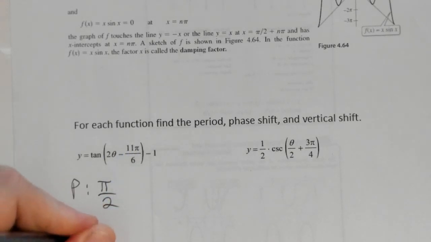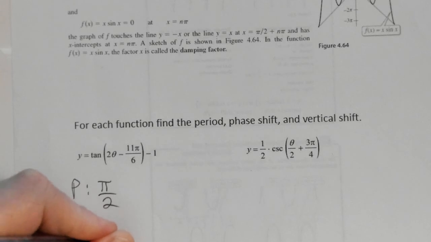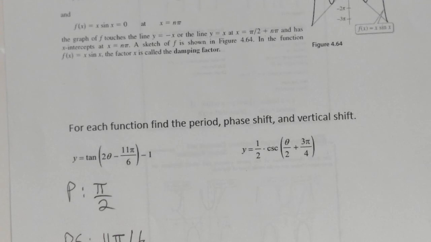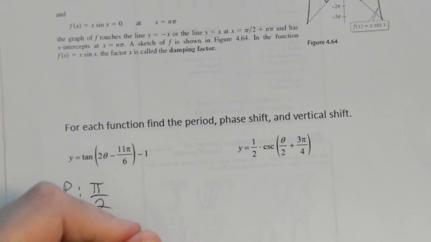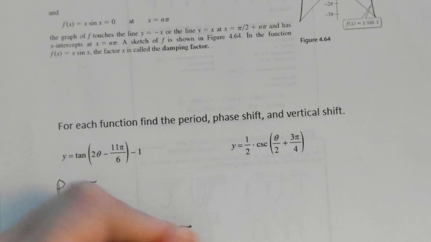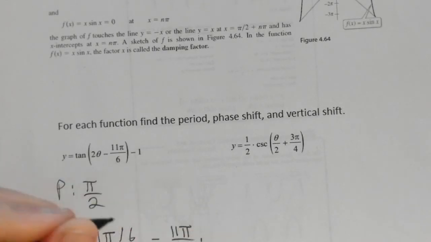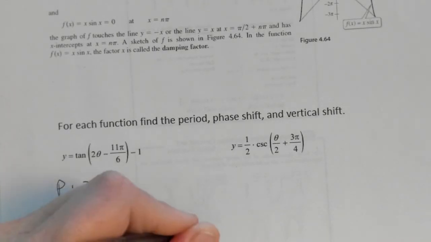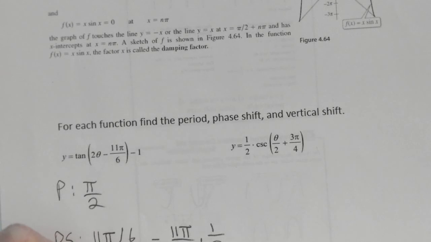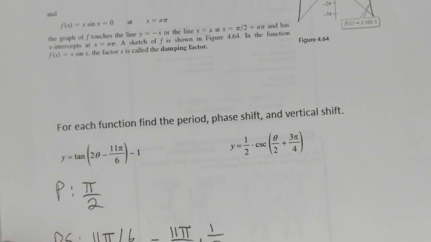So we'll go 11 pi over 6 divided by the b, which is 2. We'll go ahead and make that 2 over 1. And so we'll multiply by the reciprocal. 11 pi over 6 times, flip the denominator there, 1 over 2. And so that would be equal to 11 pi over 12.